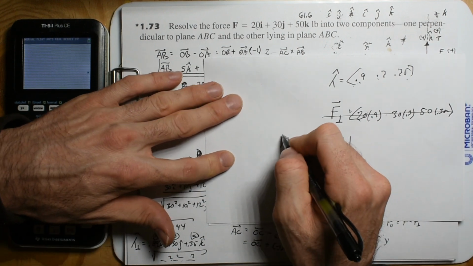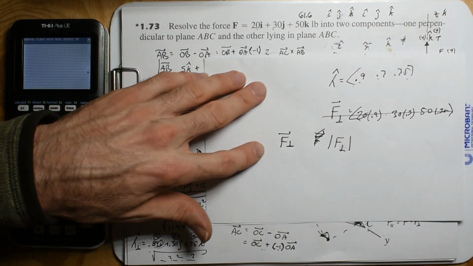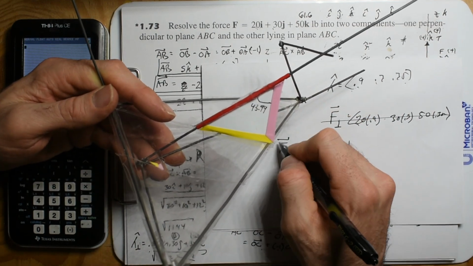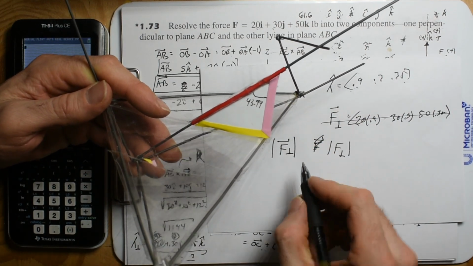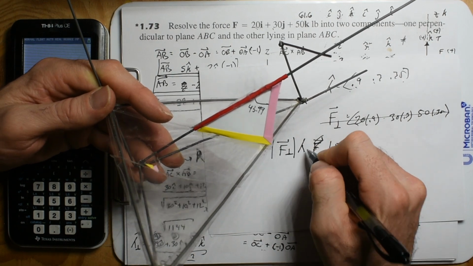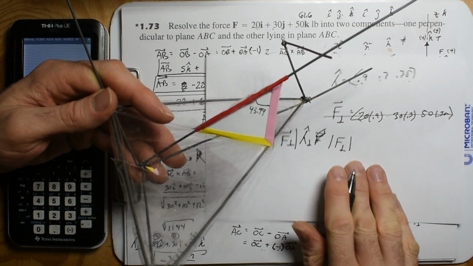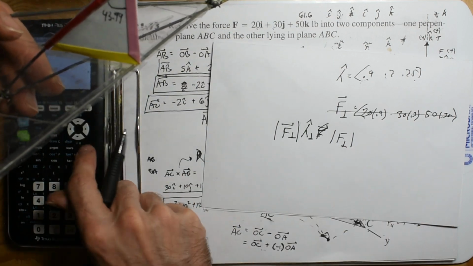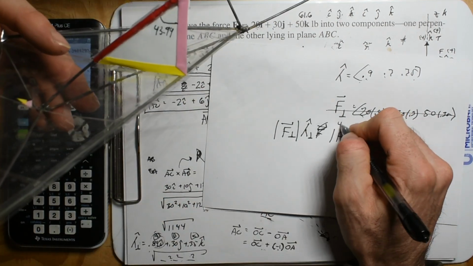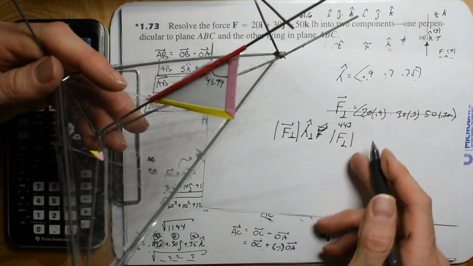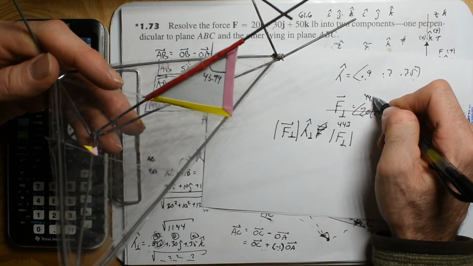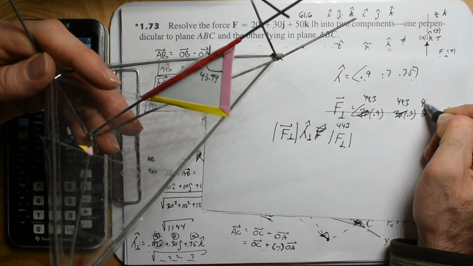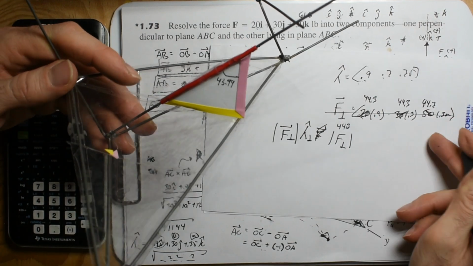So the vector that's perpendicular is going to be the magnitude of that, which is a scalar, and we're just going to multiply it by the unit vector perpendicular. So my apologies. This term is 44.3. So we're taking 44.3 and multiplying by that unit vector three times.